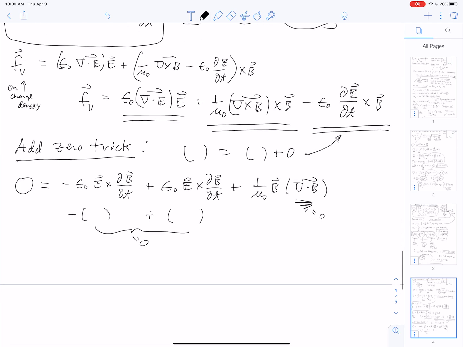So now I'm going to take this expression and add it to this expression here. I'm going to write it like this.